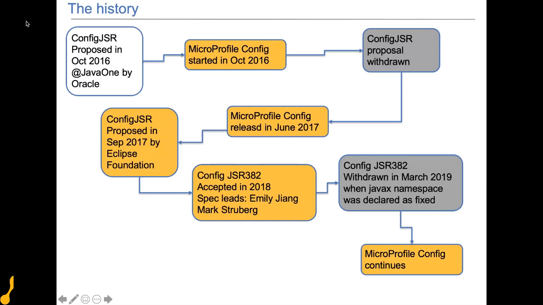So maybe it's better we withdraw from the JCP, and then we can continue MicroProfile Config, or we can propose a new specification under Jakarta. Anyway, now it's only one config so far. It's called MicroProfile Config. So in this talk, I will talk about everything in the MicroProfile Config.